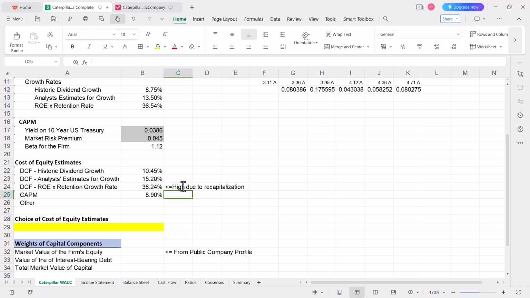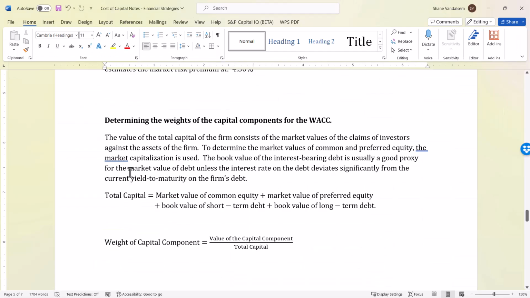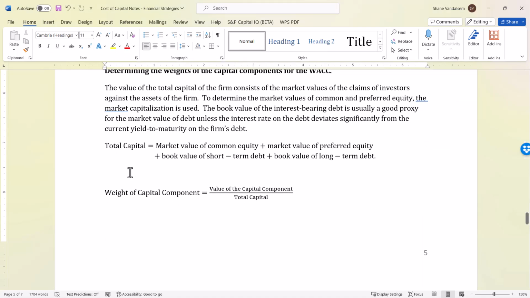I'm going to take a break and go to your notes and explain why it's important to select the right cost of capital.